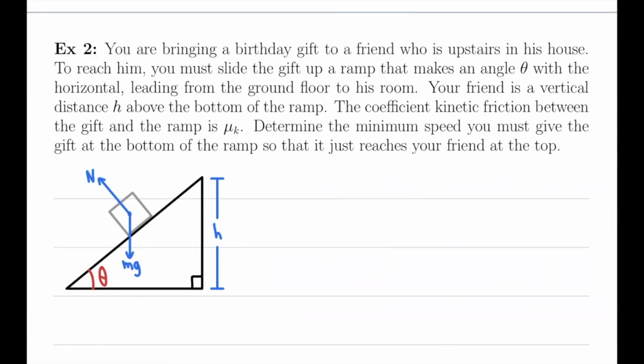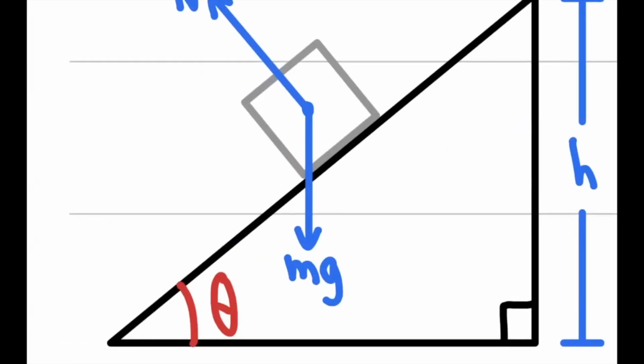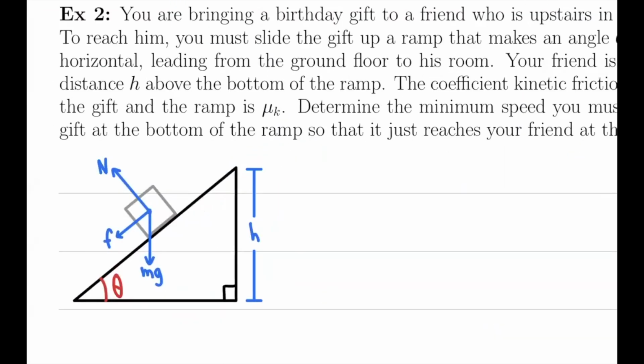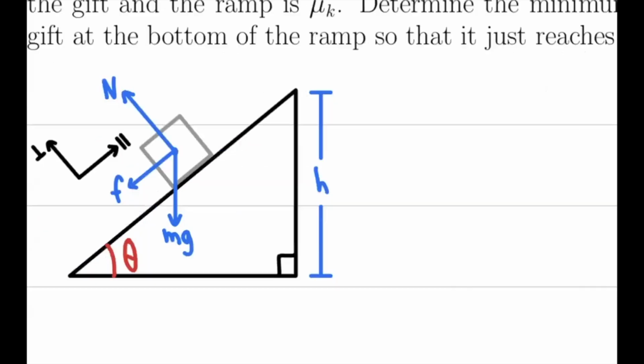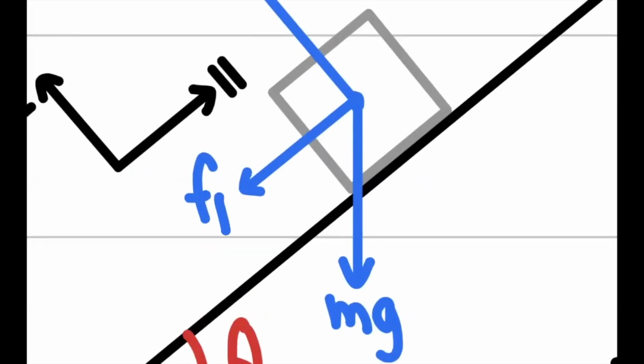Well, it's got to oppose the direction of motion. Since we are sliding the gift up the ramp, kinetic friction is going to be down the ramp, like this. Let's define our coordinate system. Just like last time, along the ramp is going to be the parallel direction, and perpendicular to the ramp is the perpendicular direction. Also, let me put a subscript k here.